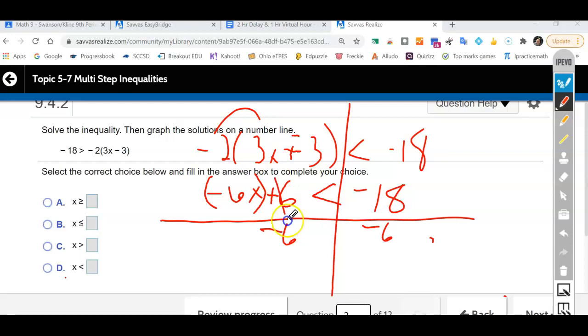So we know that this crosses off. So now I've got -6x on this side. And on this side, I've got -18 minus 6. But I never want to leave that minus. I always put plus the opposite.